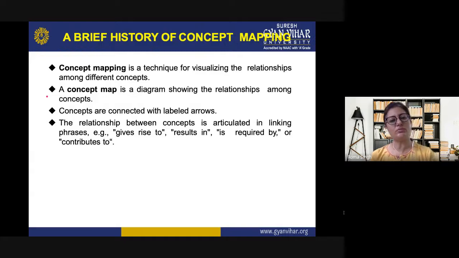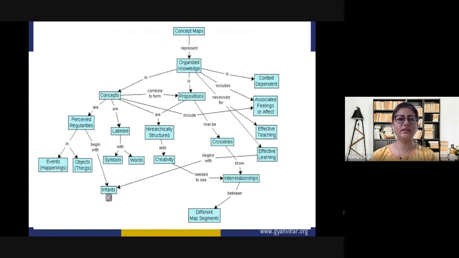The relationship between concepts is articulated in linking phrases, for example, gives rise to, results in, is required by, or contributes to. This is how we link the ideas with each other. This is an example where you can see that through various arrows, the knowledge is organized and linked with each other.